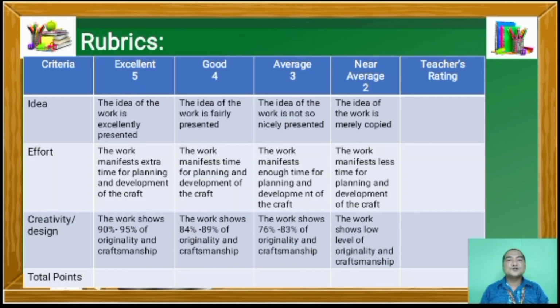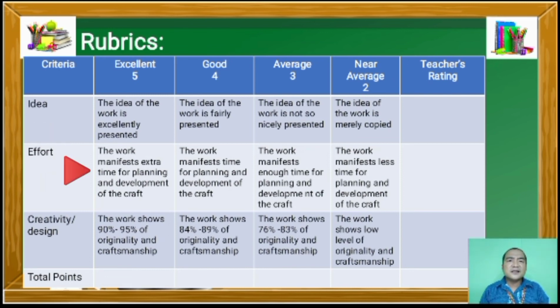This is the rubrics for your performance task. We have here 3 criteria. First, the idea, effort, and creativity or design. Under the idea, 5 for excellent. If the idea of the work is excellently presented. Effort, 5. Excellent.